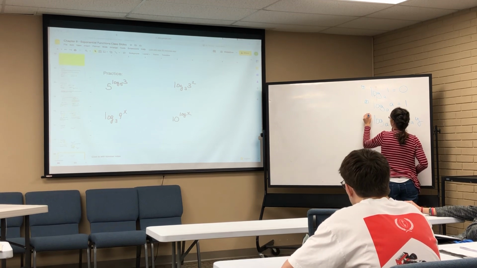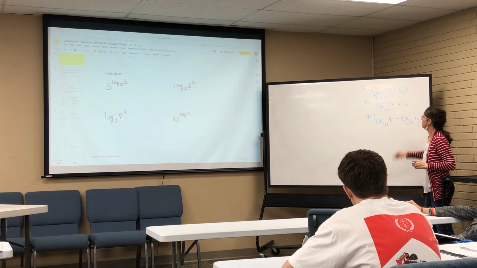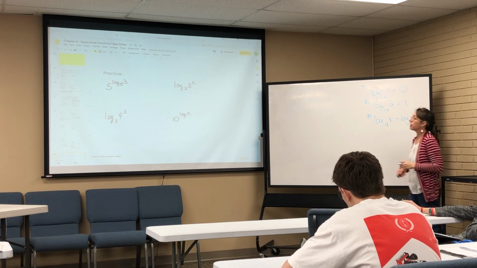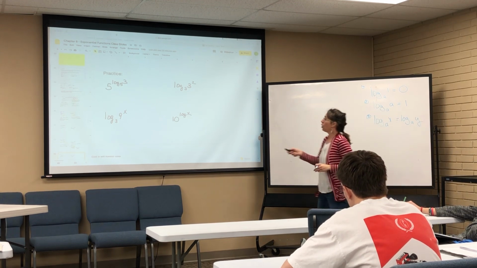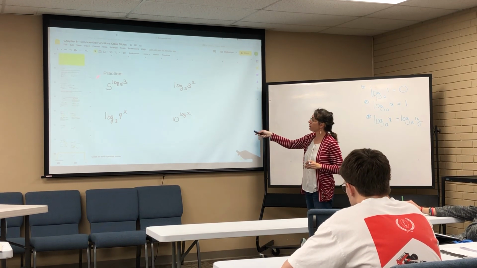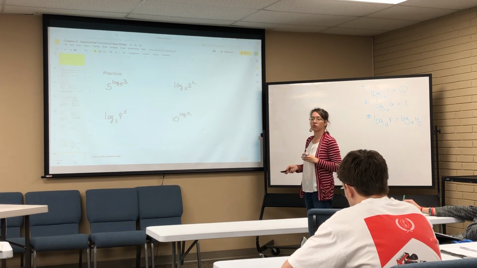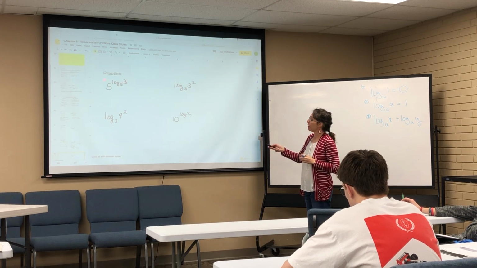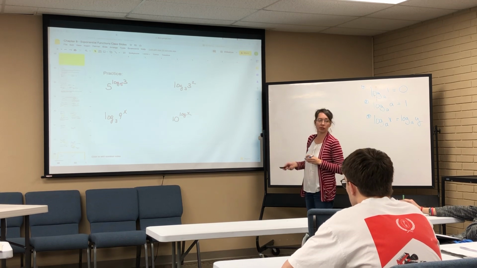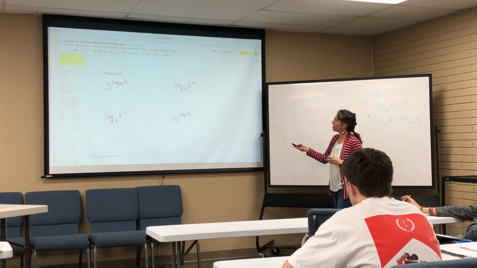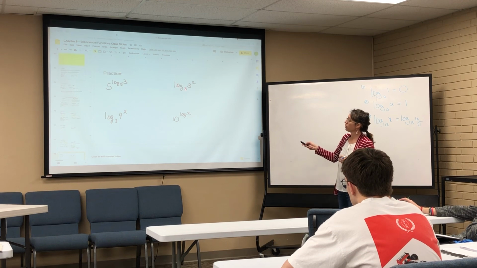We're going to add a couple more rules today. We already learned the first 2 last week. Okay, so for the first one, what should be the answer for 5 raised to log 5 of 3? 3. A base raised to the base, these match, it all cancels out. Your answer is just 3. All right, second over here. Log base 3 of 3 to the 3 halves, the answer is 3 halves.